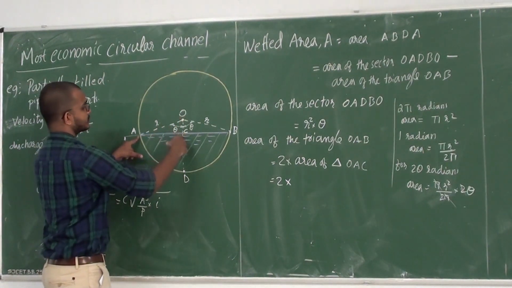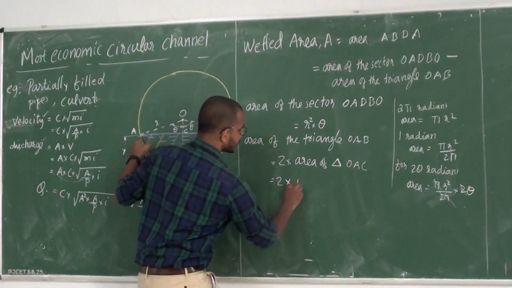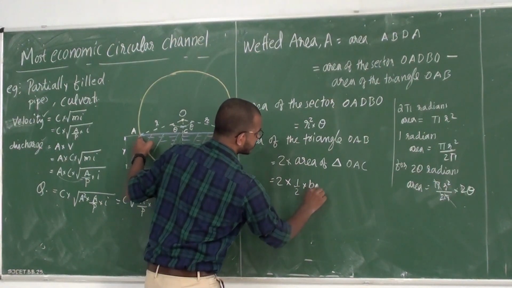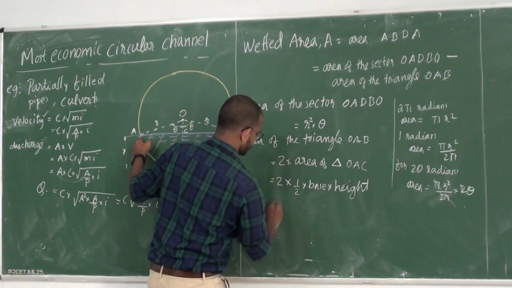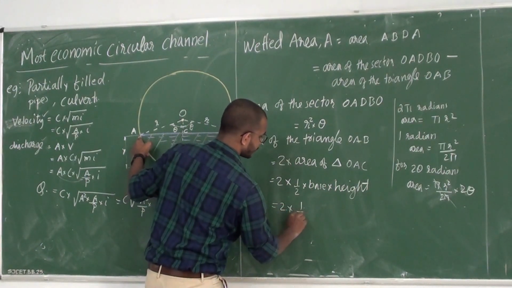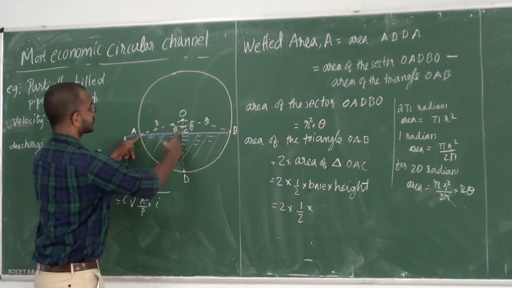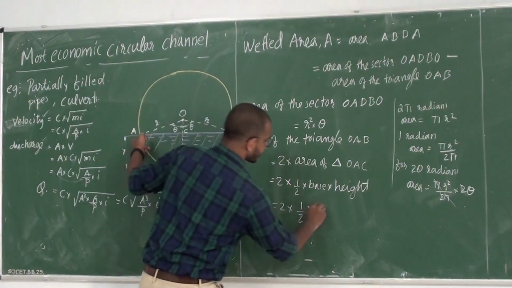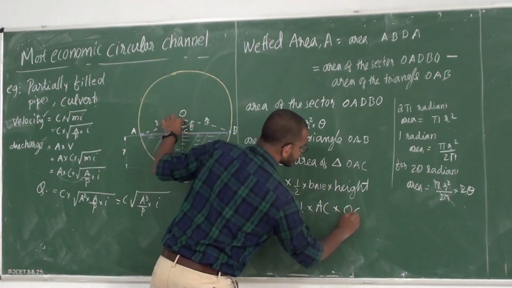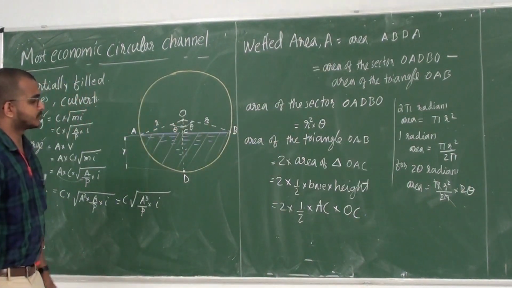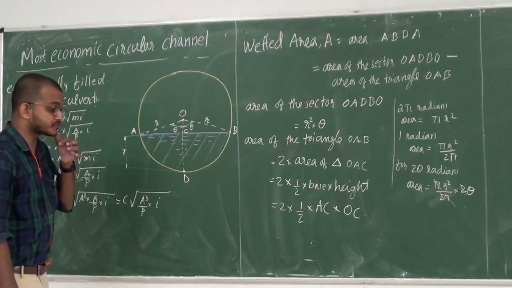So OAC is equal to half of BH, so half of base into height. So this is equal to 2 into half of, what is base? Base is AC into height is OC. 2 into half of AC into OC.